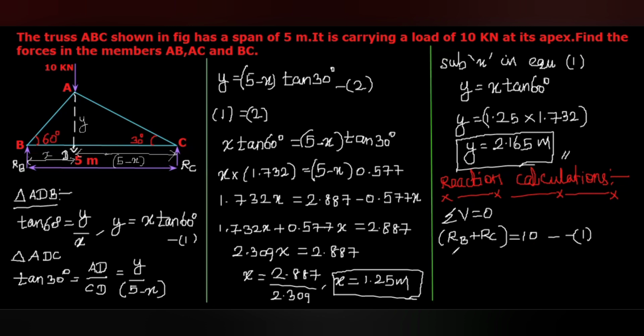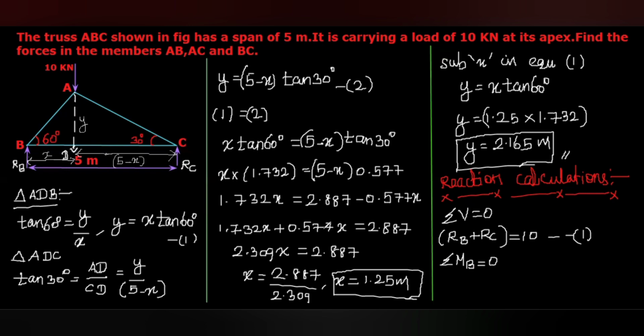Then here there are no horizontal forces, so I am going to take the moment about any point, say B, equal to 0. Moment is the force multiplied with the perpendicular distance between the point where the force acts and the reference point.